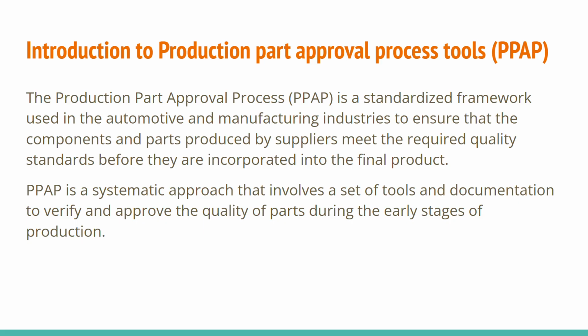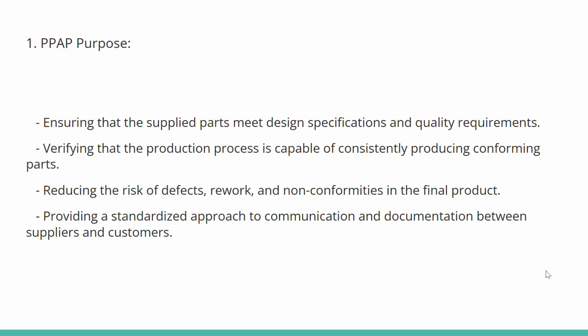PPAP is a systematic approach that involves a set of tools and documentation to verify and approve the quality of parts during the early stages of production. So this is about PPAP, meaning production part approval process. So next slide.